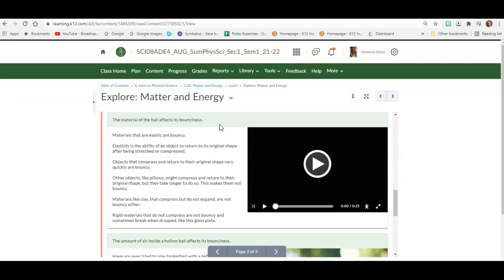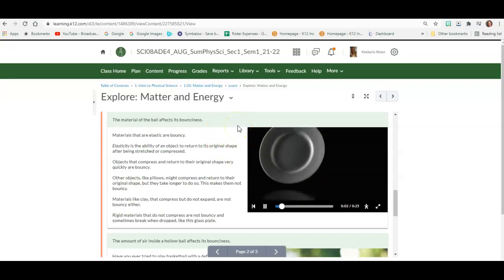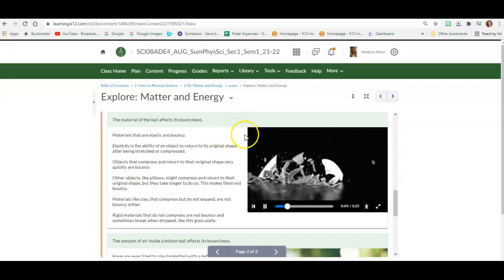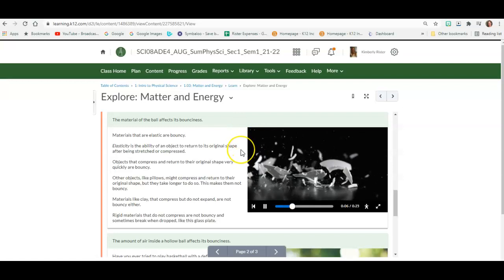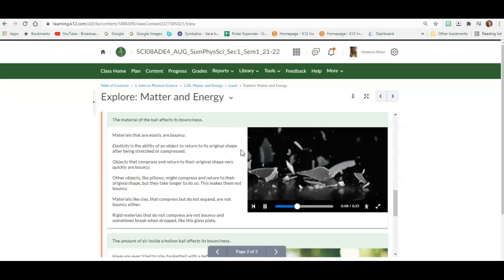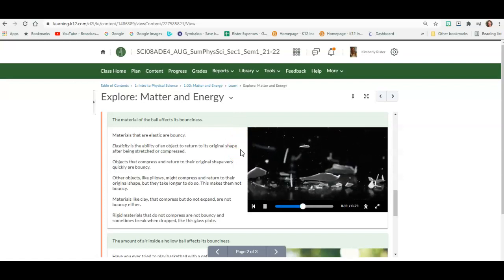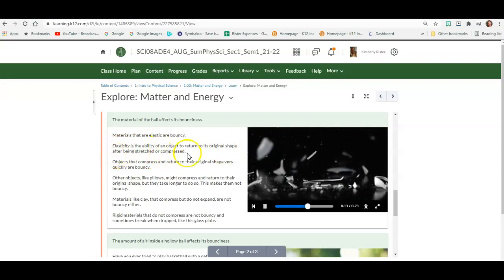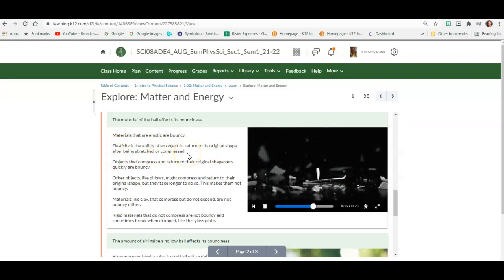Rigid materials that do not compress are not bouncy and sometimes break when they're dropped, like this glass plate. So no elasticity there. All right, so maybe make some notes on a couple of things about elasticity, and you also want that definition on the left side of your notes as well.